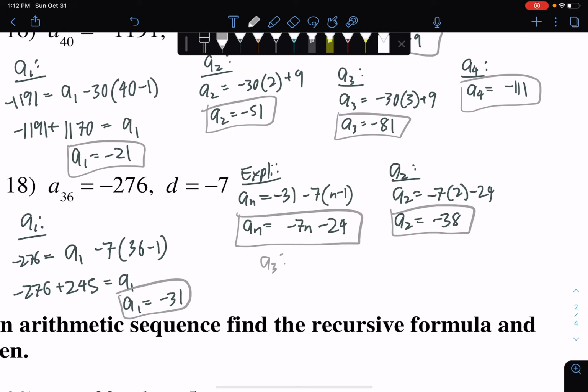A sub 3. A sub 3 is equivalent to a sub 2 plus the common difference. A sub 3 is negative 45.